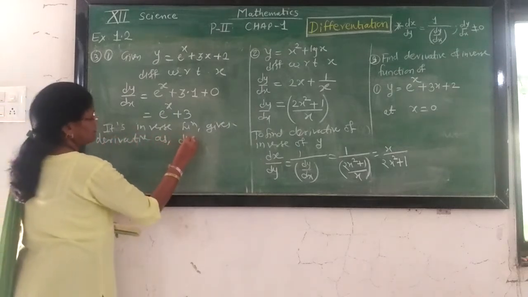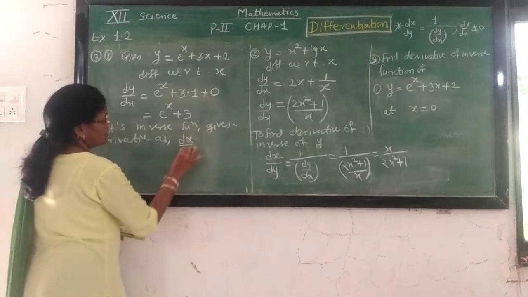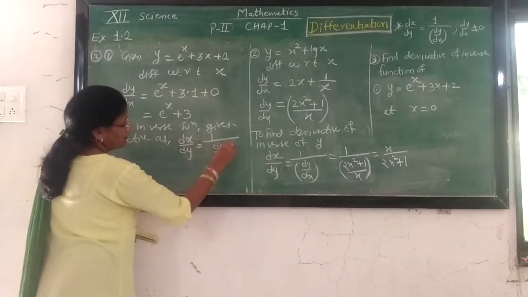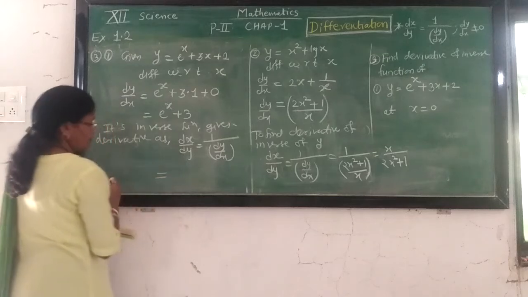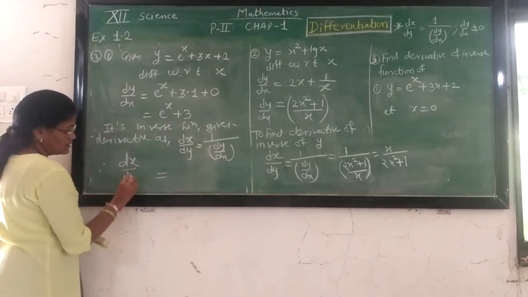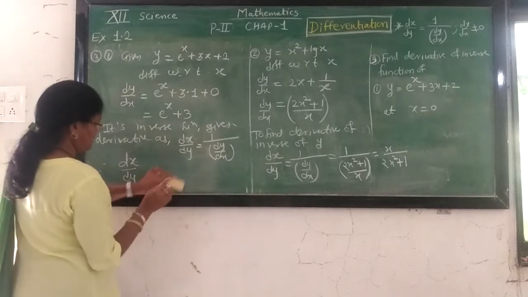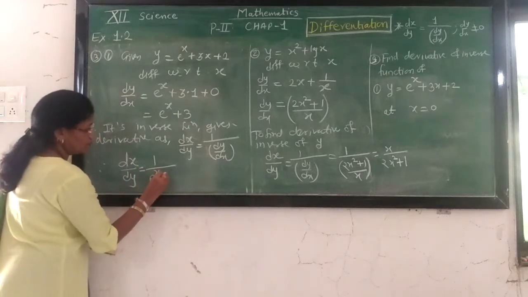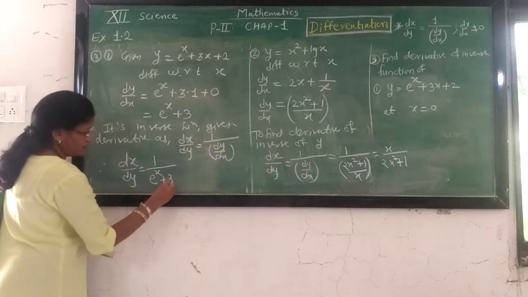Therefore the derivative of its inverse function is dx by dy, which is equal to 1 upon dy by dx. Now the value of dx by dy is equal to 1 upon e raised to x plus 3.